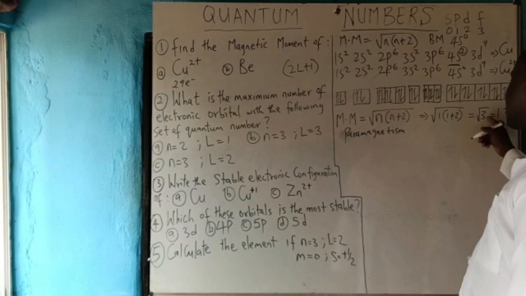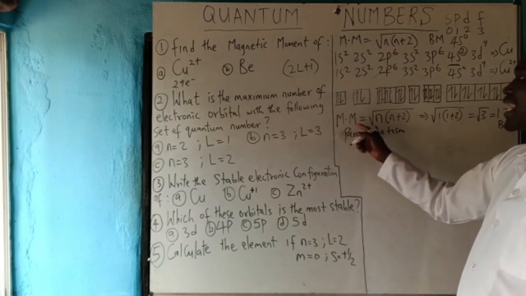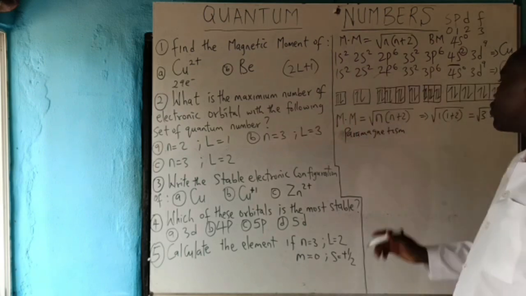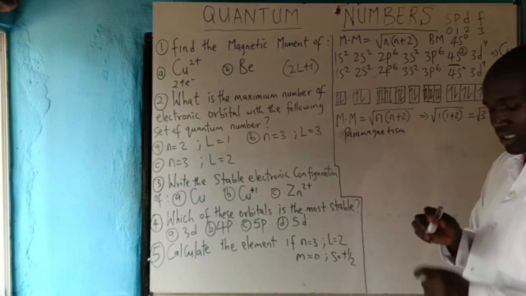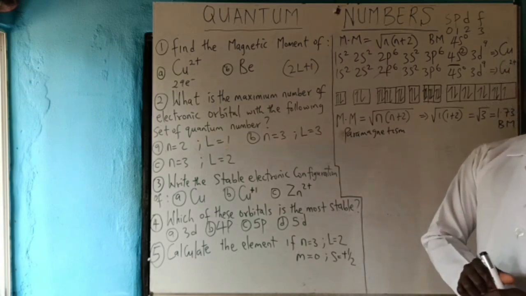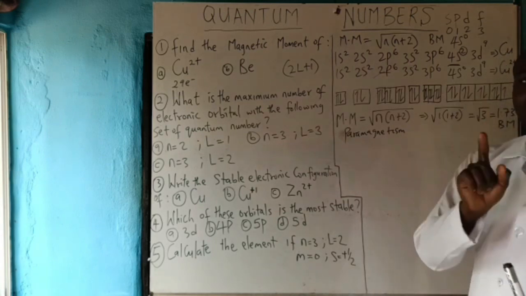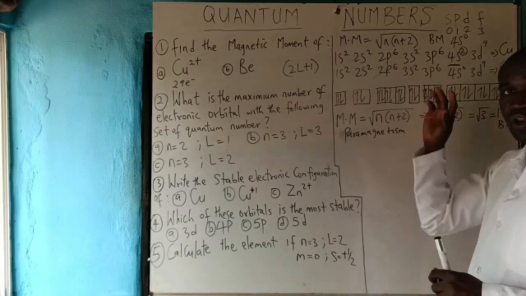Because it has a nonzero magnetic moment, we call it a paramagnetic element, or paramagnetism as a phenomenon.